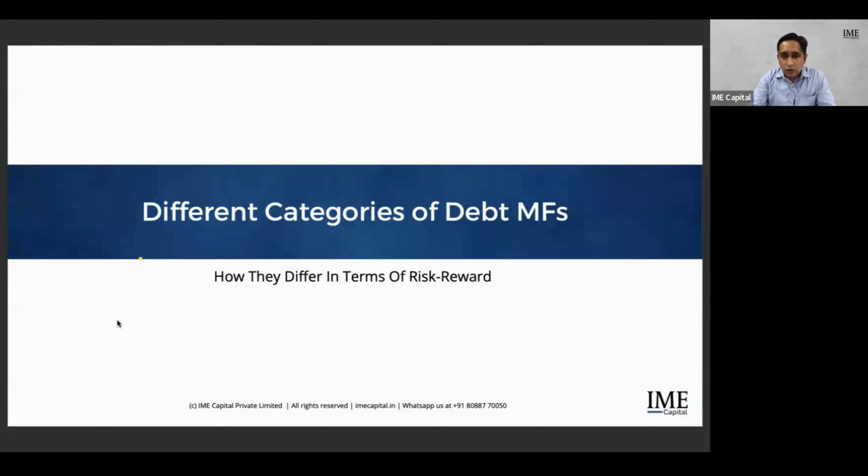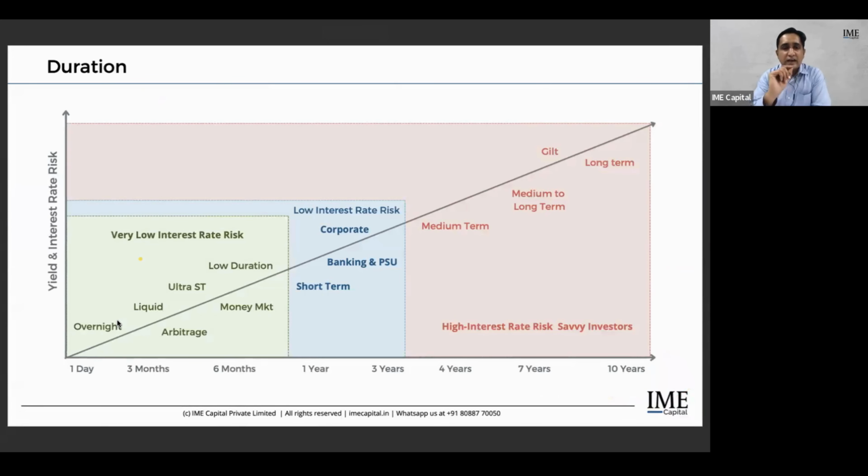Now, that explains equity and how you choose the categories within equity. A similar choice needs to be made when you're looking even at what is perceived to be lower risk, which is debt or fixed income funds. It's not that all debt funds are similar.